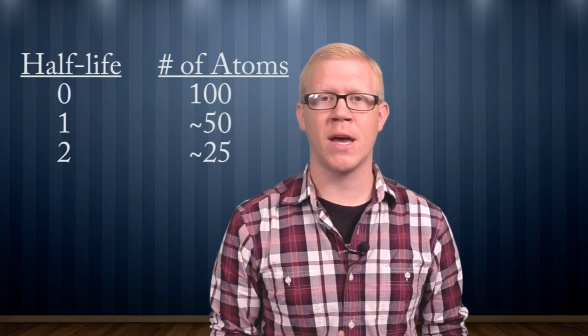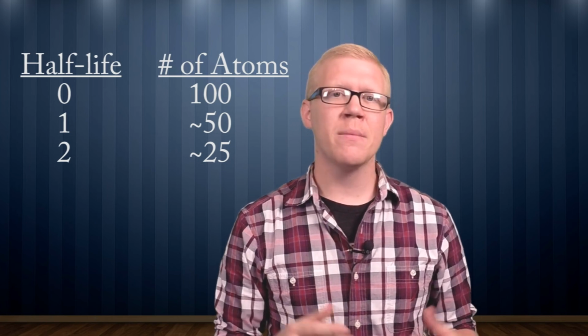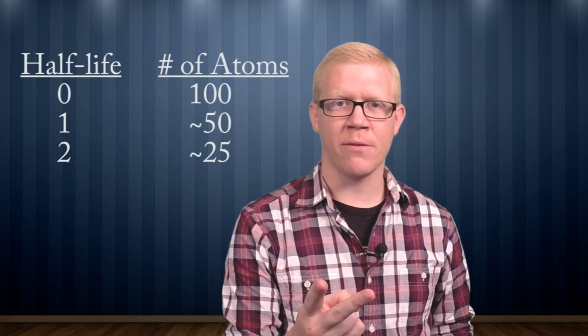For example, if you start off with 100 carbon-14 atoms, you will be left with about 50 atoms after one half-life and about 25 atoms after 2 half-lives. So by knowing how much carbon-14 the living organism had, and by determining how much is left in its fossils, one can calculate how much has decayed away and therefore how old the fossil is.